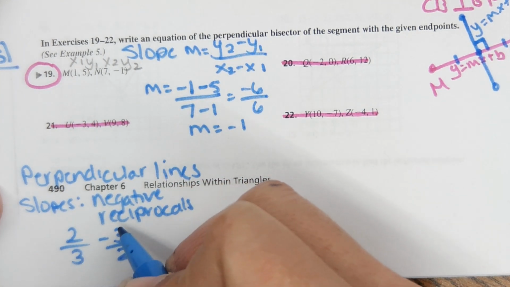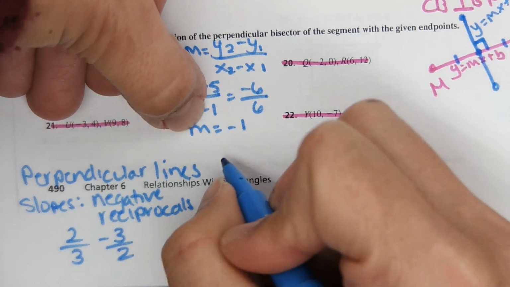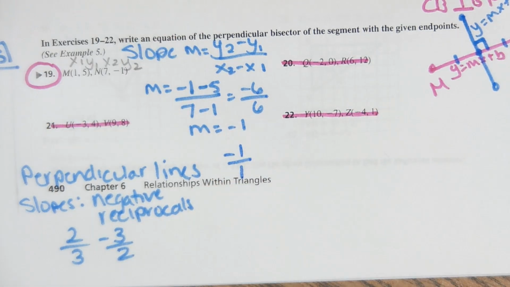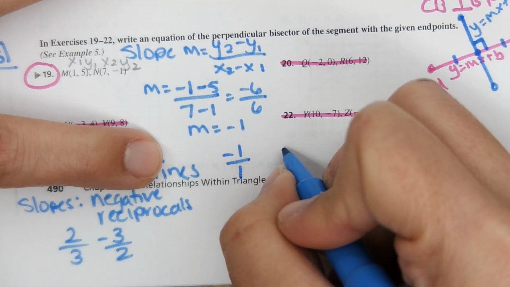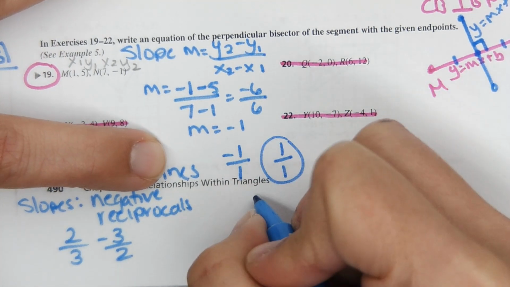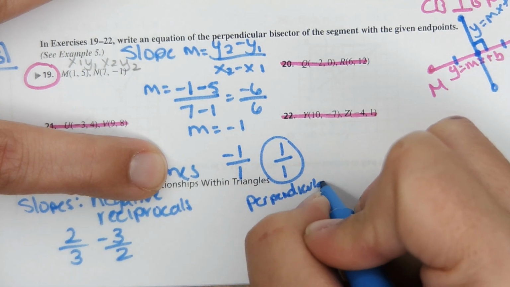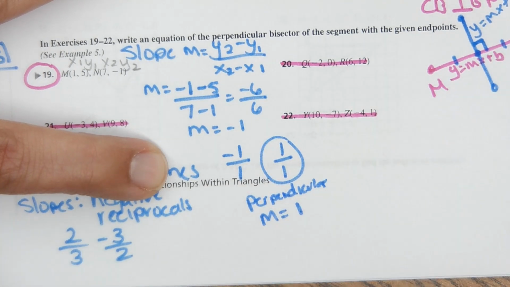So it's the opposite sign, and then you flip the fraction. Our slope right here is -1, so that would be -1/1. We have to flip that, so 1/1, and then the opposite sign. So our slope of a perpendicular line would just be +1.